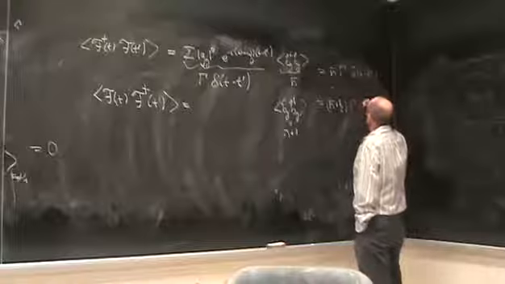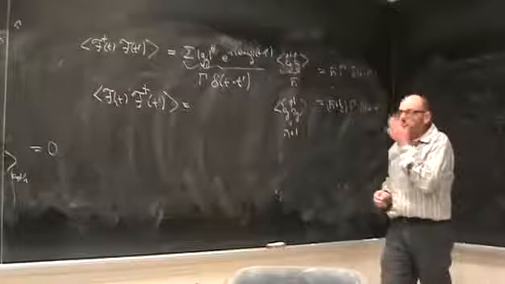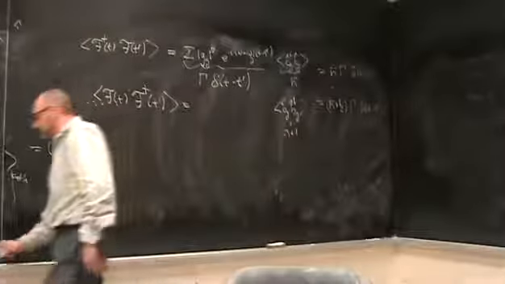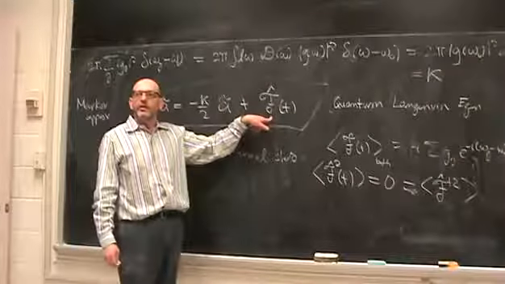So what we have is something that looks just like the Brownian motion problem, with damping and what's called the Langevin force, the fluctuating force.